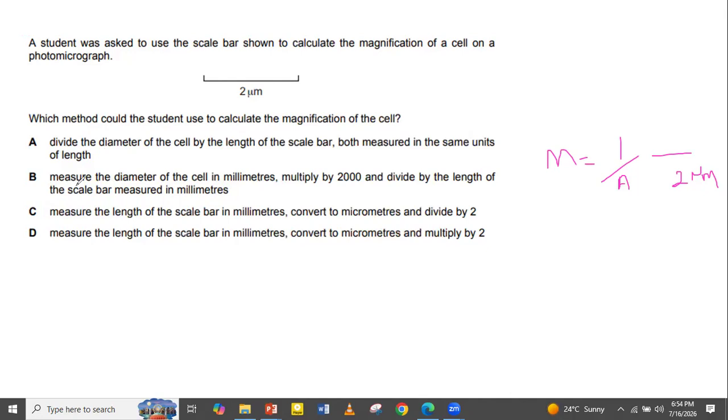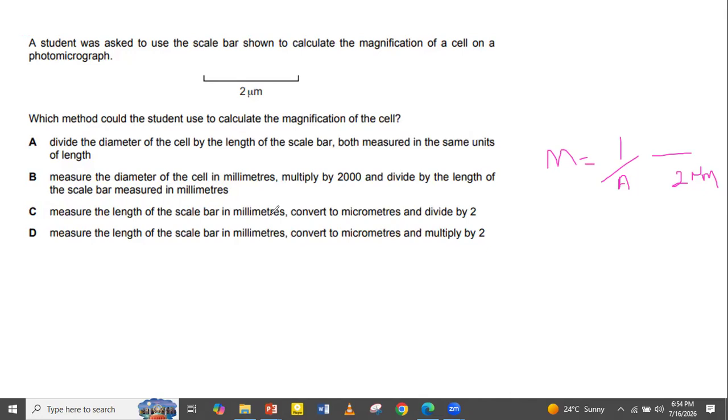Okay, measure the diameter of the cell in millimeters. We have no cell here. They are telling us about the diameter of the cell. No, so that is also not an option. We are supposed to deal with the scale bar. So where I see measure the length of the scale bar, that is a possible answer. Measure the length of the scale bar in millimeters.